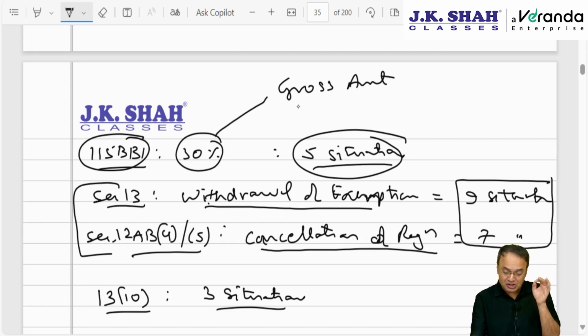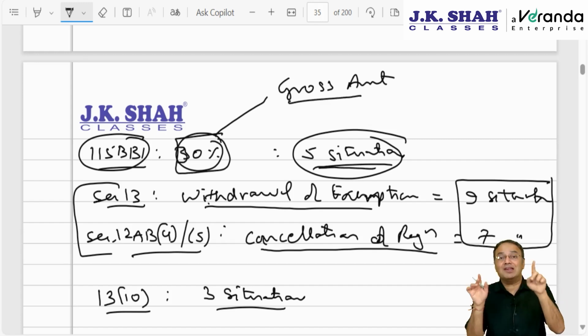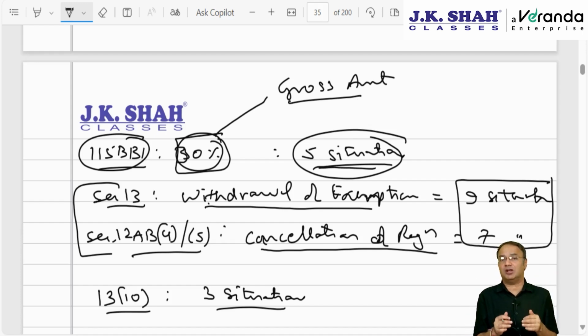Now whatever is taxable at 30% is gross amount, and secondly here, in all the 5 situations, entire income of the trust is not taxable, not entire 800 crore, only that much income will be taxed at 30%, which is resulting into violation. Whatever amount is involved in the violation, only that much amount will be taxable.